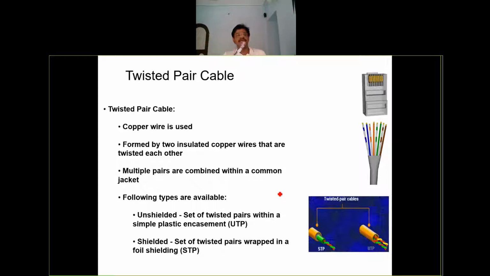We are utilizing this unshielded twisted pair cable everywhere in India. Normally, for connectivity in a local area network, say a bunch of 30 to 40 computers under one roof, it is a low cost communication media.